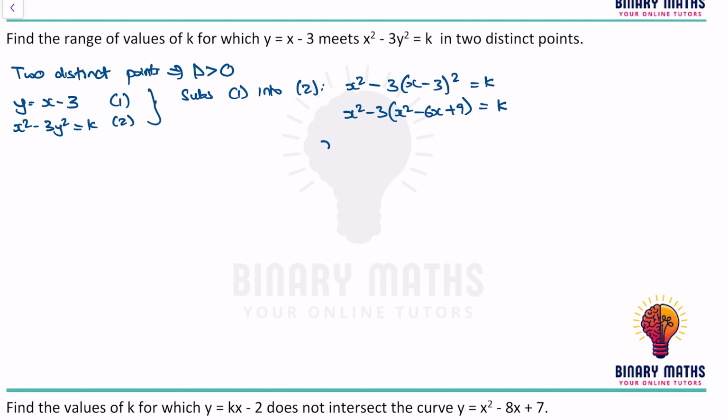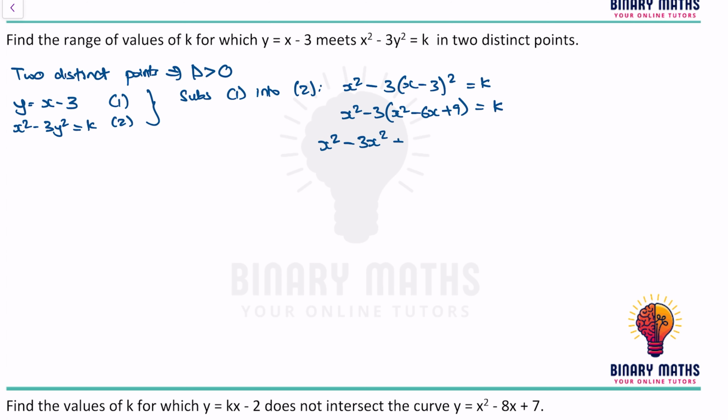If I expand it out further, x squared take away 3x squared minus 3 times minus 6x gives me positive 18x. Take away 27 is equal to k. Okay, if I simplify these terms, I get negative 2x squared plus 18x minus 27. If I take the k over to the left hand side as well, I get negative k is equal to 0.